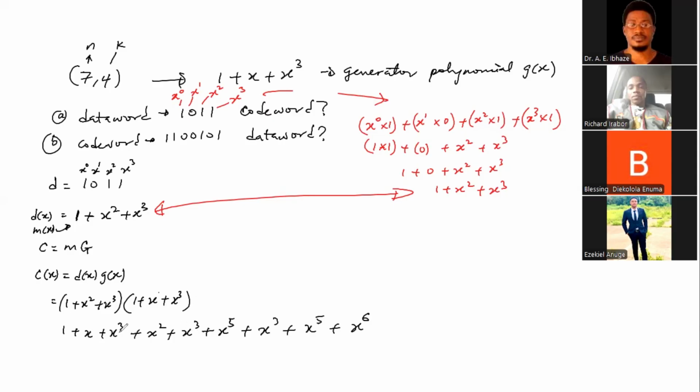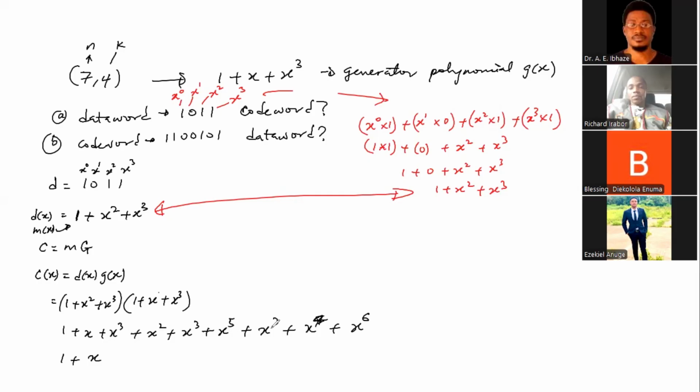And then we can collect all the like terms. So we have 1 plus X. There's one that's supposed to be X to the power of 4. Yeah, X to the power of 4. I missed it out. Yeah, thank you for that.